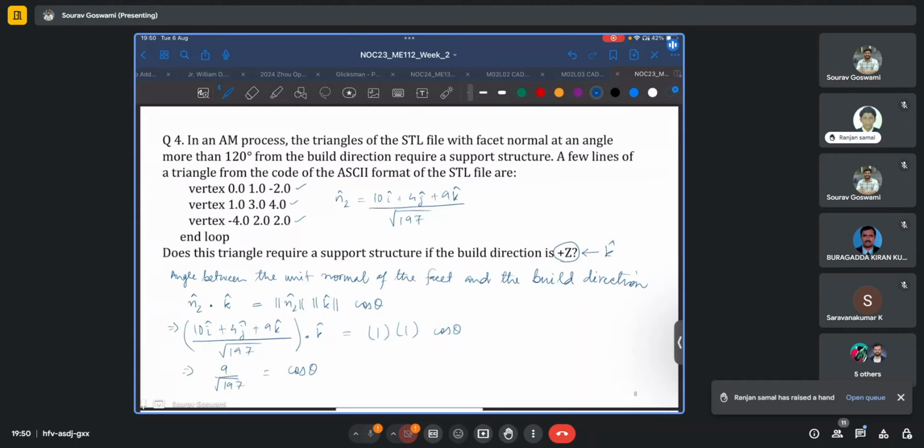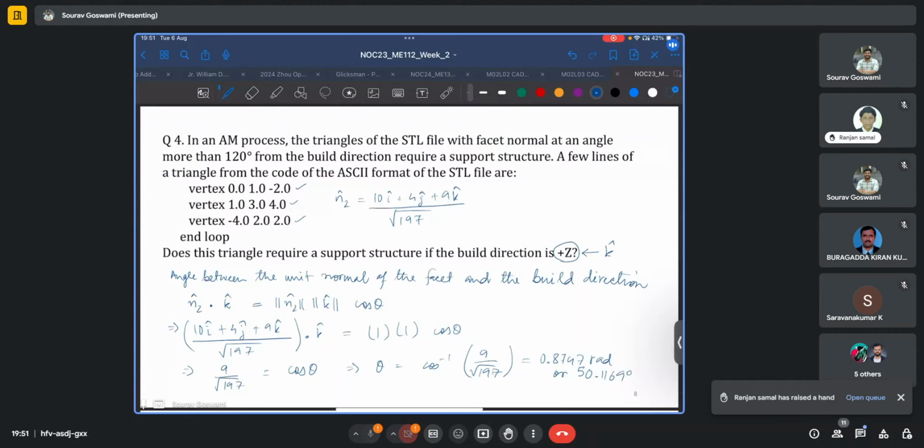Now, do we need to explicitly calculate theta in this case? I mean, I will calculate it. So theta is cos inverse of 9 by under root 197, which turns out to be 0.8747 radians or 50.1169 degrees.